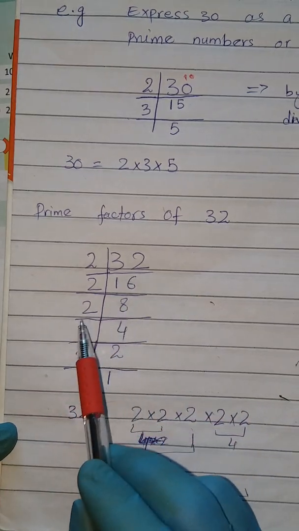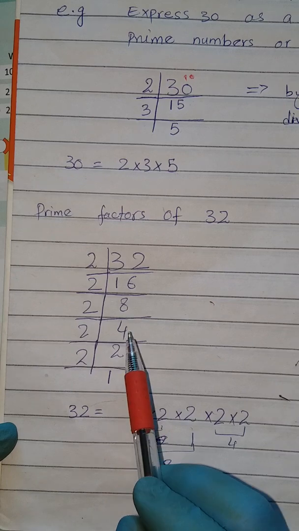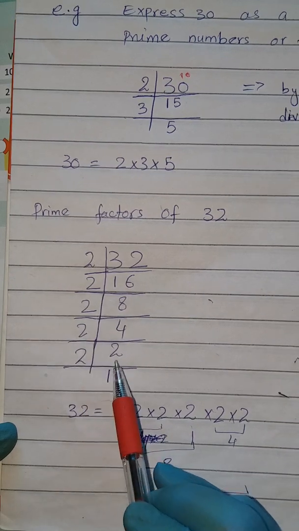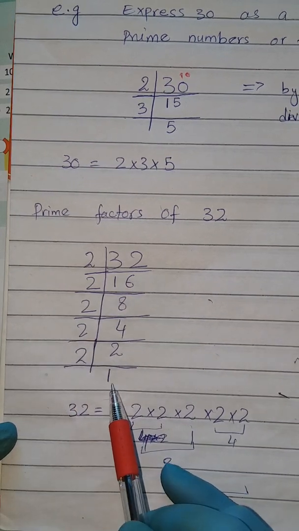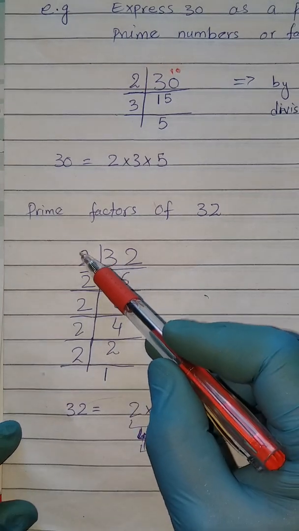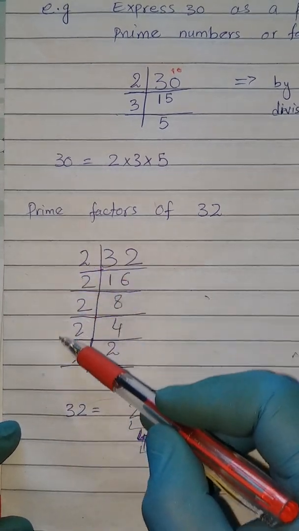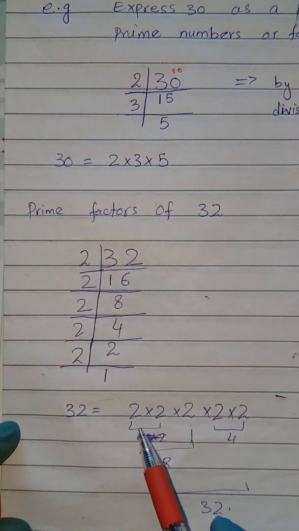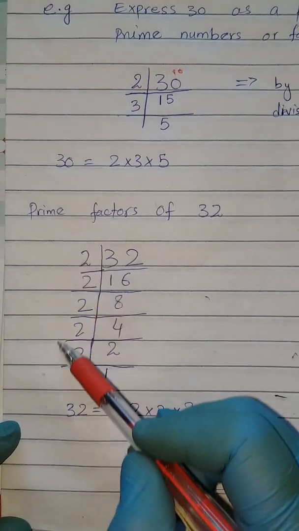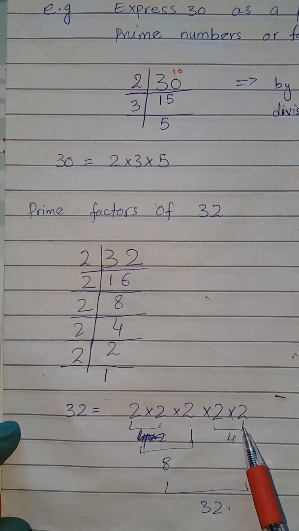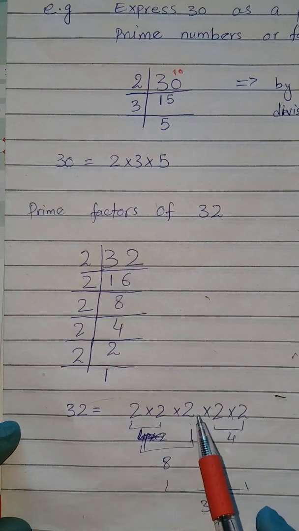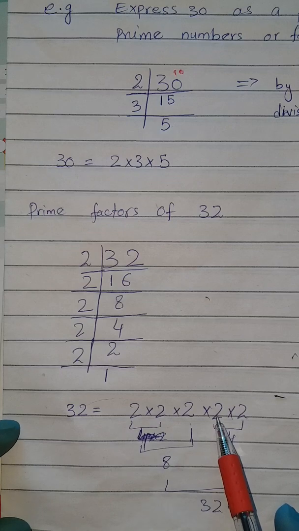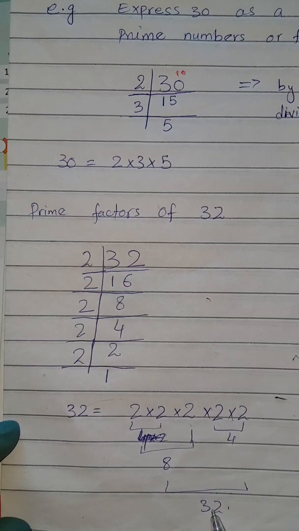Now divide 8 again by 2, 2 fours are 8. We will divide 4 again by 2, 2 twos are 4 and 2 ones are 2. So now we will write all these. कौन से prime numbers आए हैं? These are the prime numbers. If we multiply all these numbers, you can see these are all 2s. 2 twos are 4, 4 twos are 8, 8 twos are 16 and 16 twos are 32.